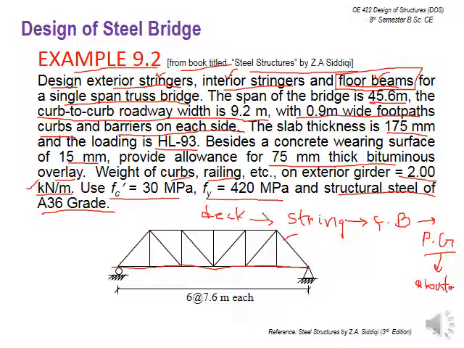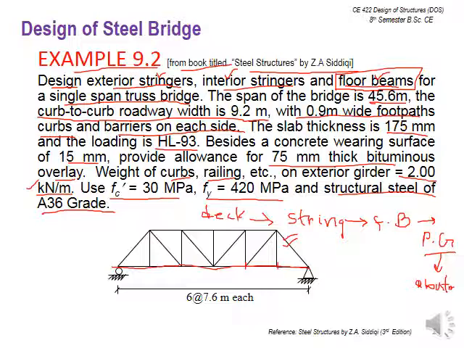So the four components will remain the same: deck slab, exterior and interior stringers and floor beam. Only the difference will be in the design of the truss. In this example the floor beams are resting on the panel points of the truss, and then finally the trusses need to be designed.